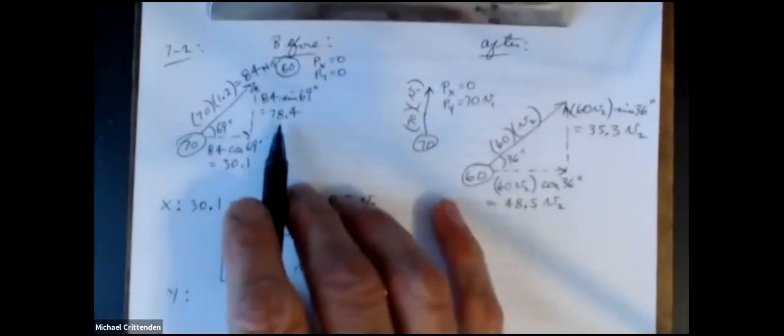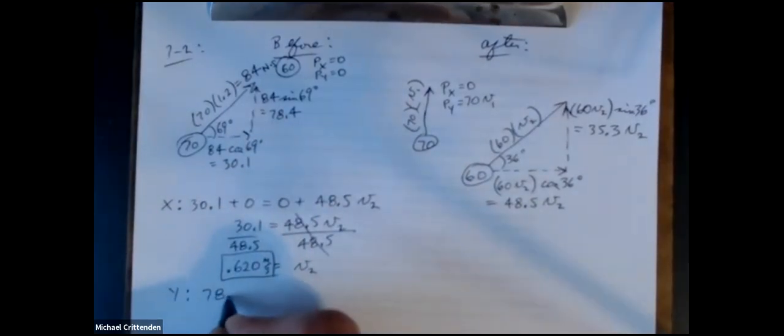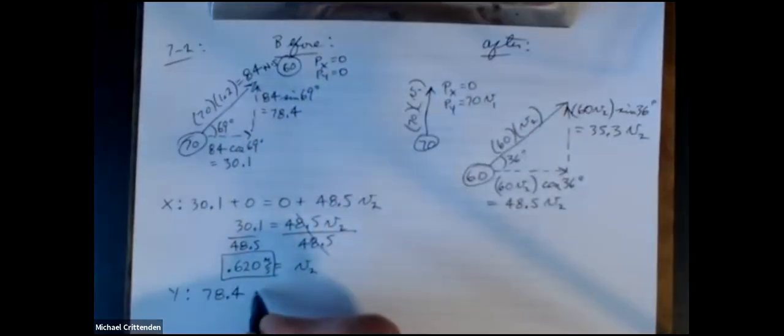In the y direction, before the collision, the y momentum of the one astronaut is 78.4. The y momentum of the other one is 0. I'm not going to write down the 0 again.